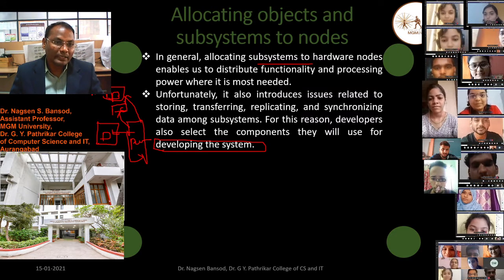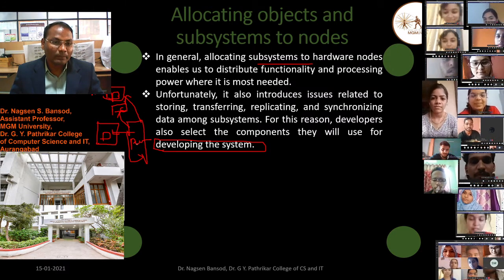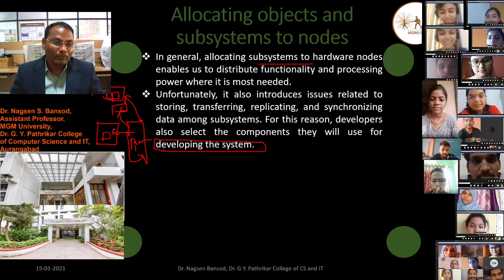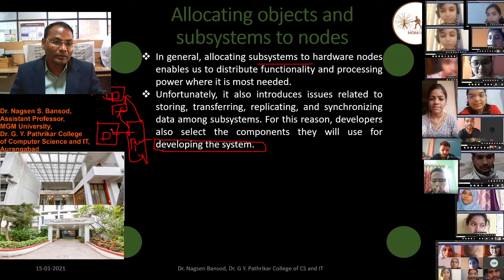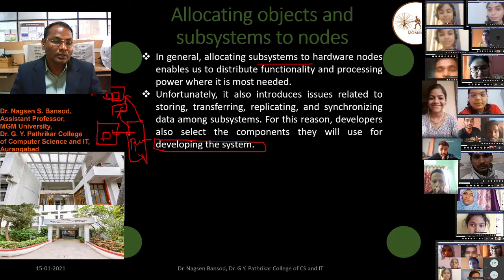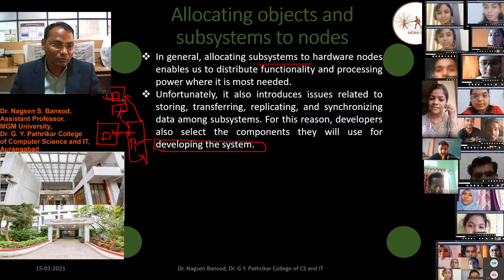To provide energy to plant A, the power station has to do load shedding. Load shedding means one day the power will not be distributed to the D industry, the next day to the C industry, and the next day to the B industry.